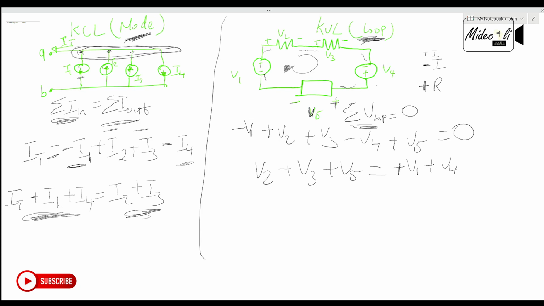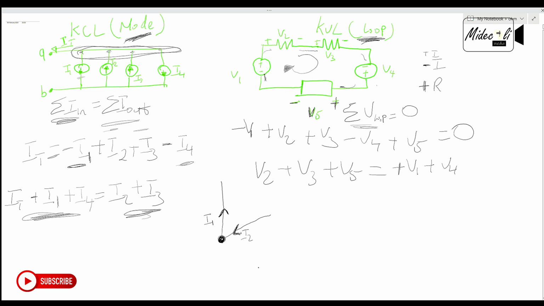So for this exact KCL, you could as well go this way. You circle this point as our node. So this is our I1. I1 was traveling away from our node. Our I2 was traveling into our node.